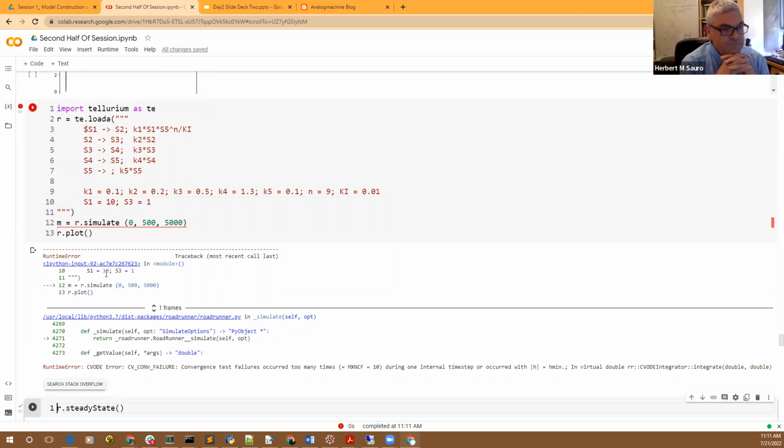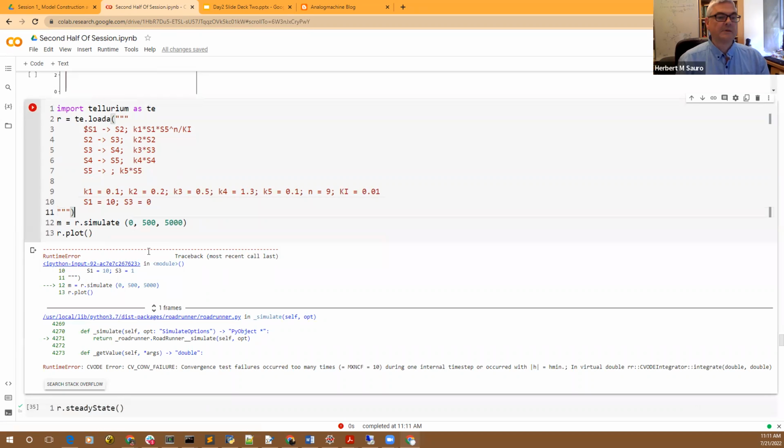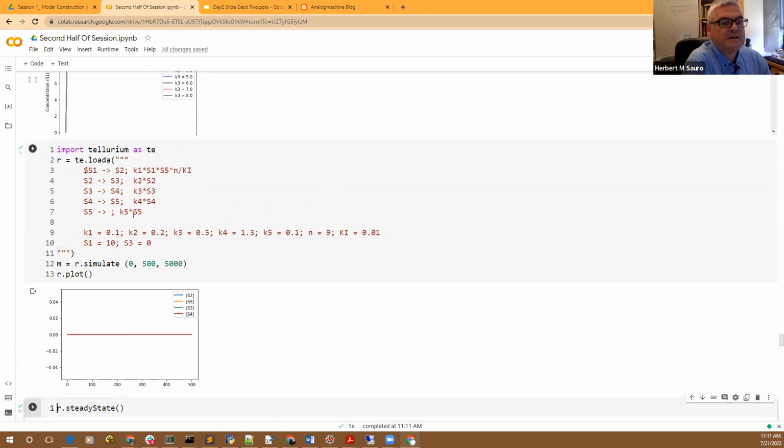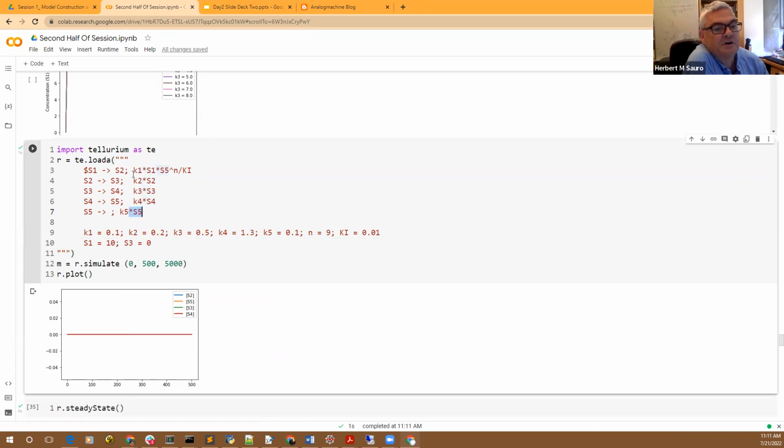If S5 is at 0, this rate is 0, and therefore all the rates are 0. It just sits at 0. This is what we're seeing here. Everything is at 0.